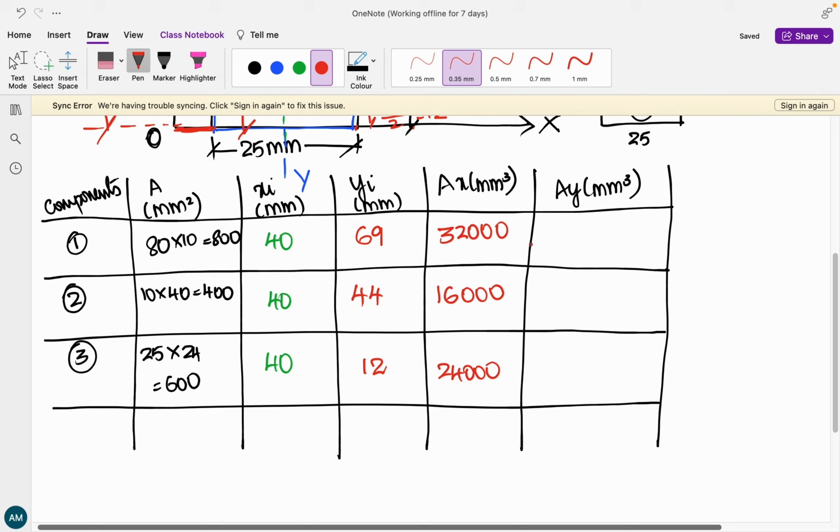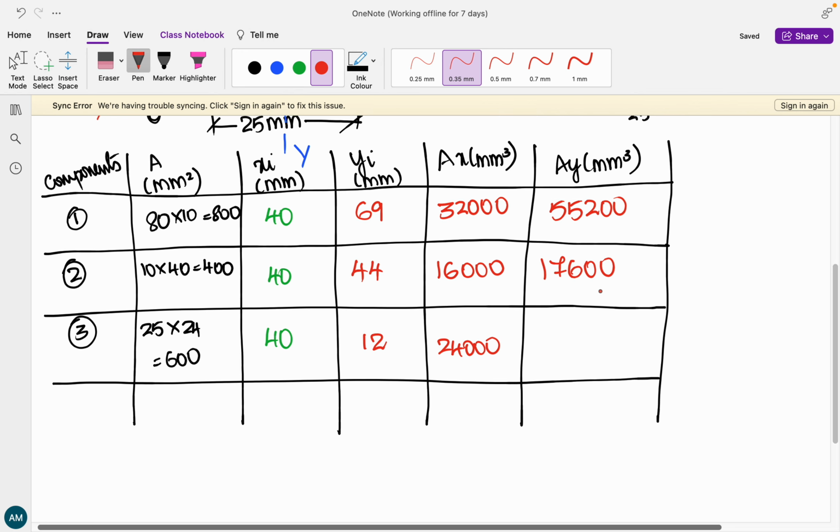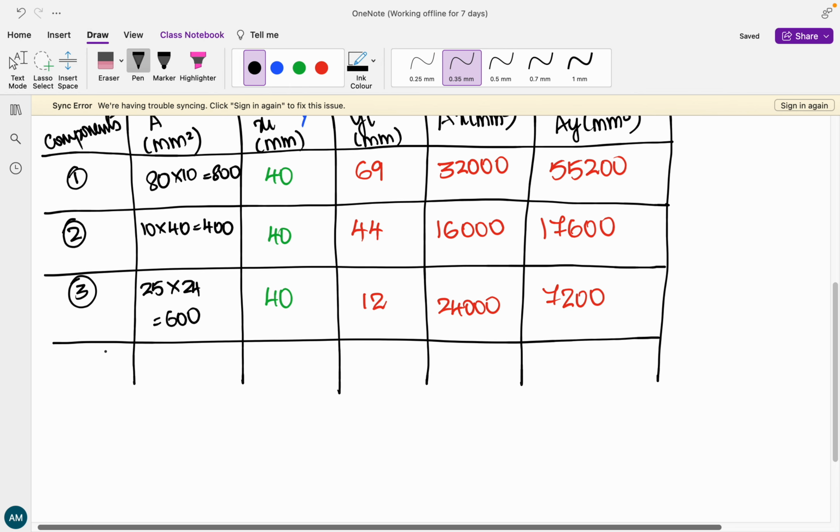The first value is going to be 55200, the next value is going to be 17600, and the next one is going to be 7200.